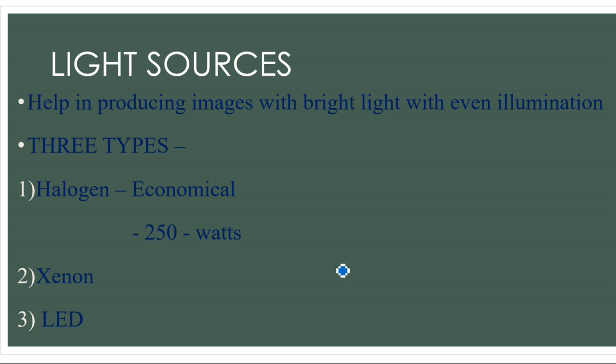Light sources basically help us in producing images by providing bright light with even illumination. As you all know, we can only see when there is light surrounding an object, and that light is reflected back by that object.